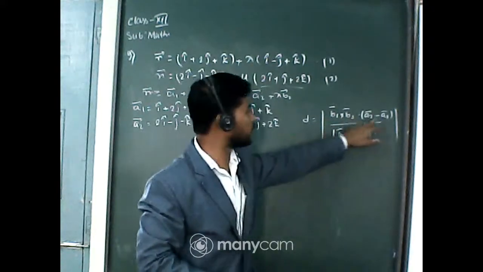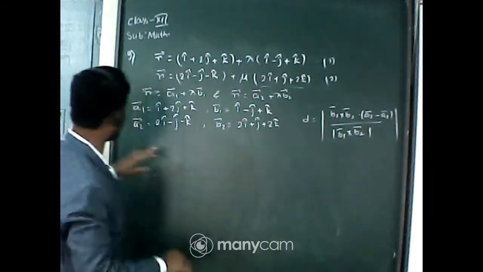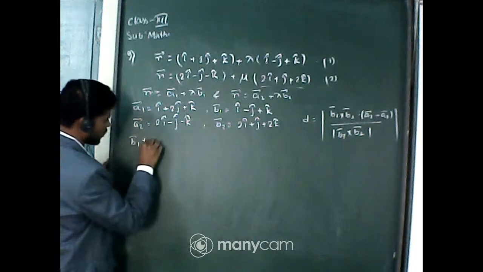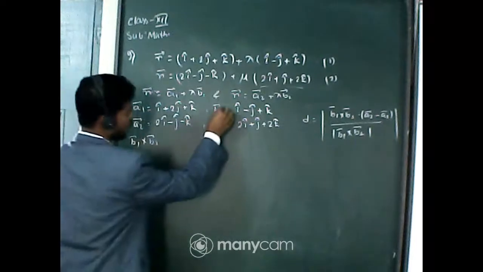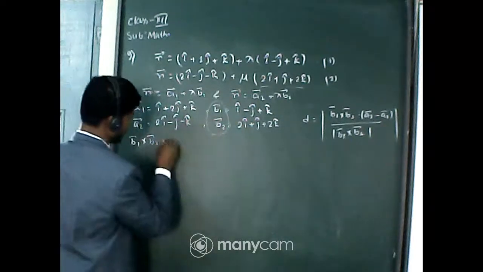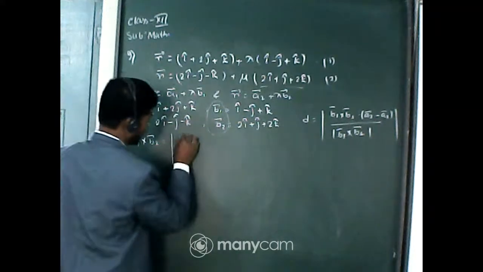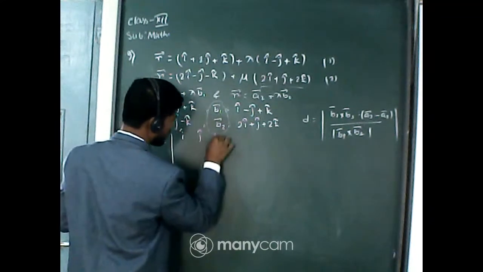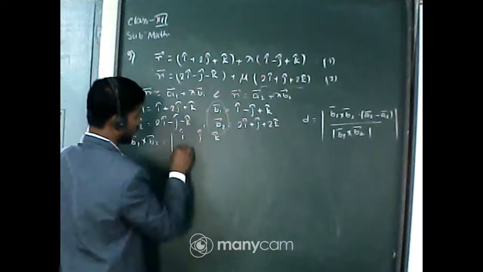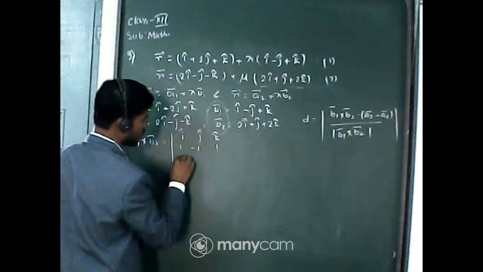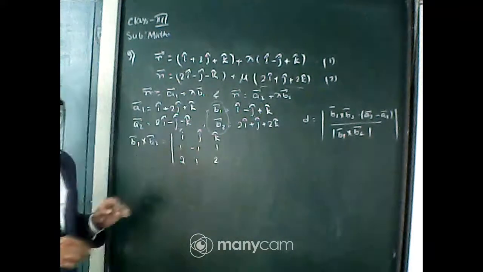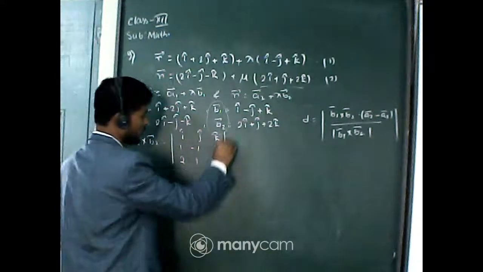So find b1 cross b2, the cross product of these two vectors. First write i, j, k and the components 1, minus 1, 1 and 2, 1, 2. Write the components of i, j and k and make a determinant of order 3 by 3.